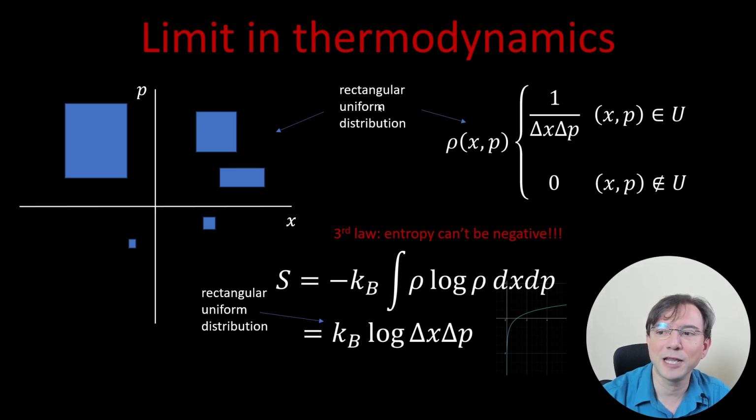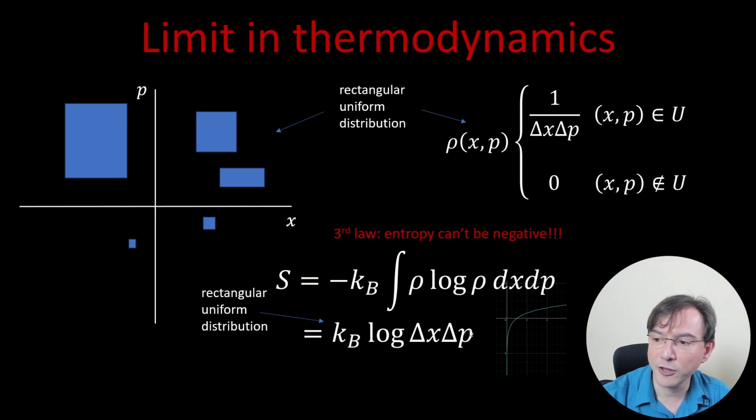And the limit comes in the form of the third law that tells us that the entropy can't be negative, that it has a lower bound. And so if we take our probability distribution and calculate the entropy, the Gibbs-Shannon entropy, that's minus k_B times the integral of rho log rho. If we make this calculation with this particular distribution, we find k_B logarithm of delta x delta p.